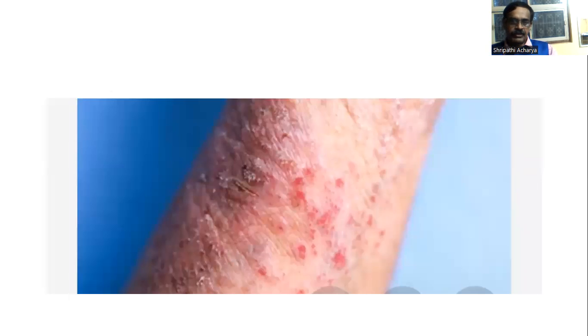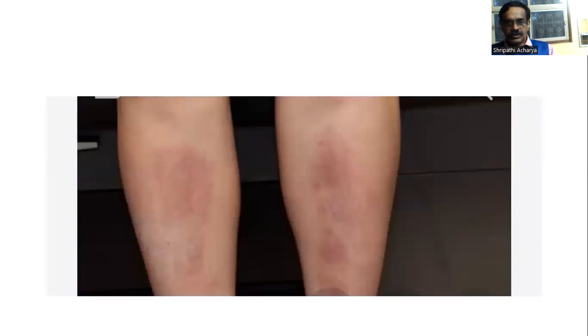This is another patient where you can see eruptions, reddened areas, scaling, and oozing. A case of contact dermatitis. You can see in the popliteal fossa black areas, the skin is darkened, and there is severe itching. Sometimes scaling also. A case of contact dermatitis.